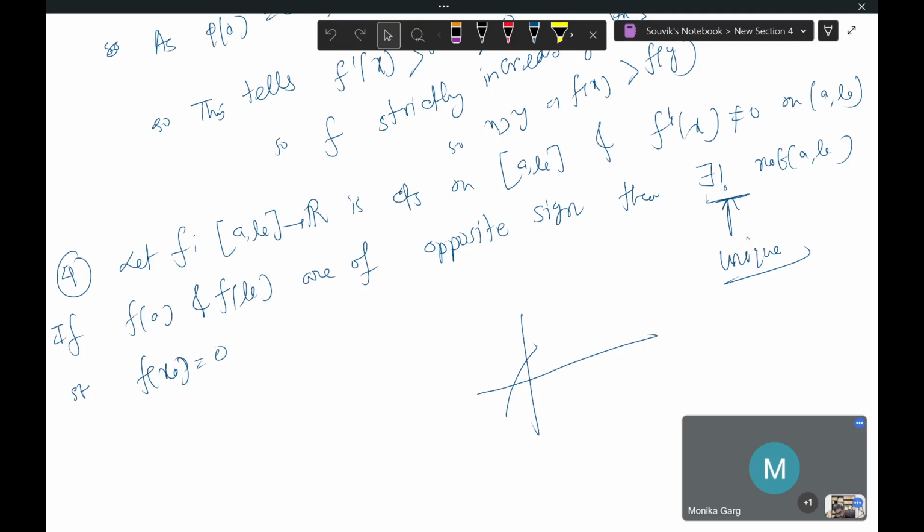Therefore, we can say that the function is strictly increasing or strictly decreasing on this interval.